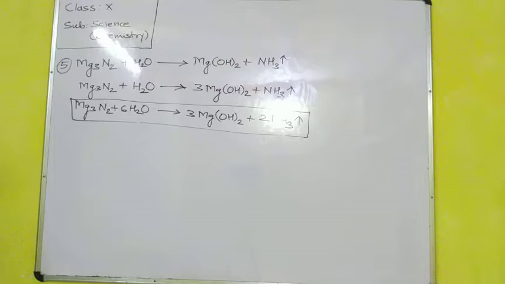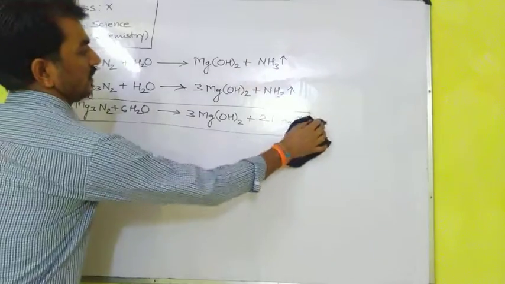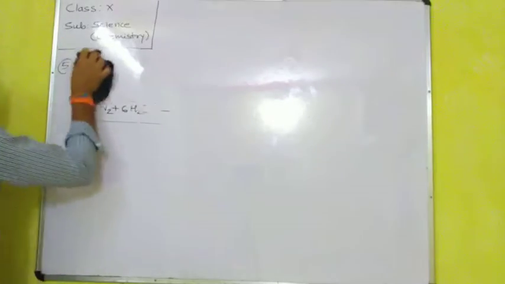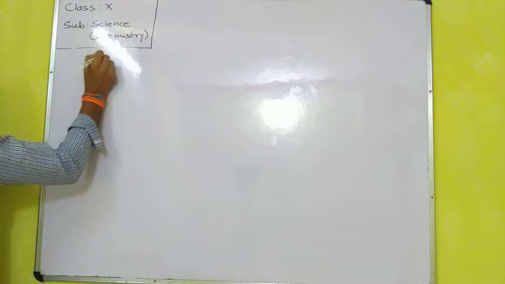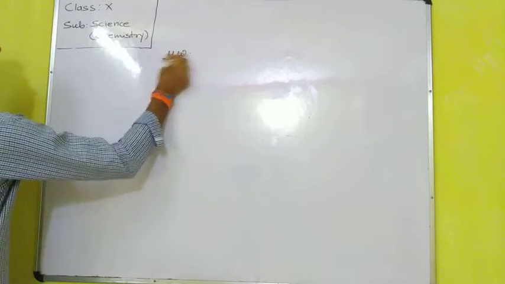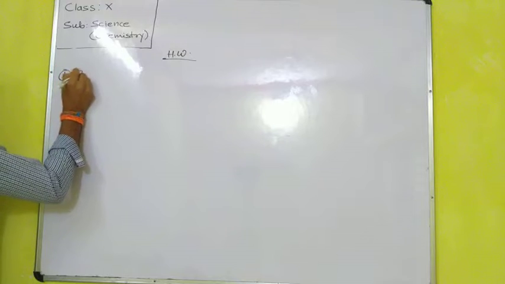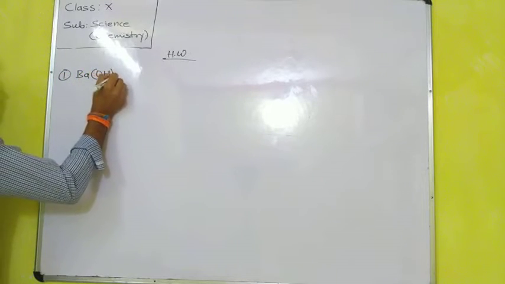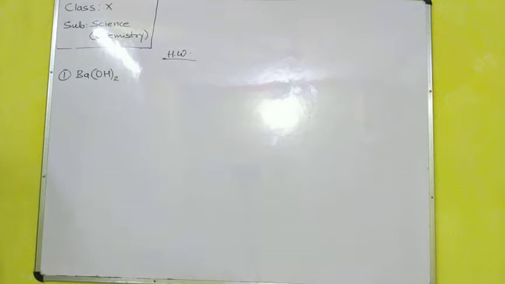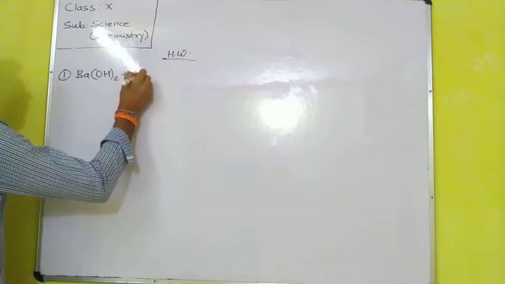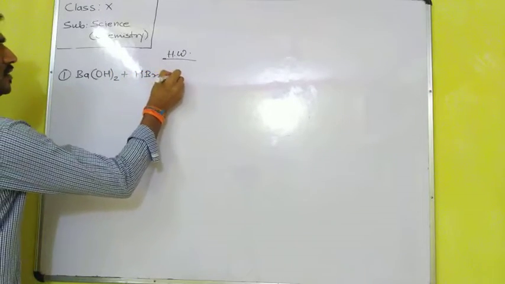I am giving you some chemical equations which you have to balance as homework. Okay, the first equation is barium hydroxide plus HBr, hydrogen bromide in the aqueous state.